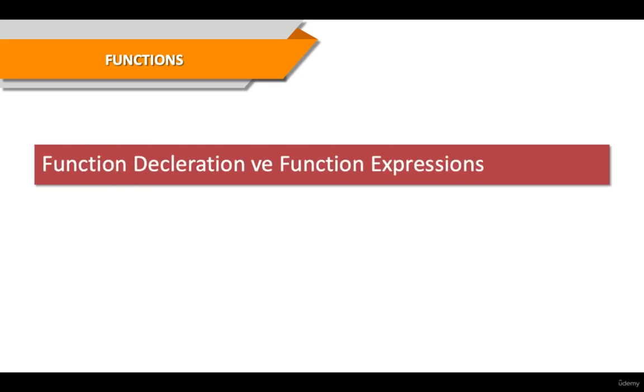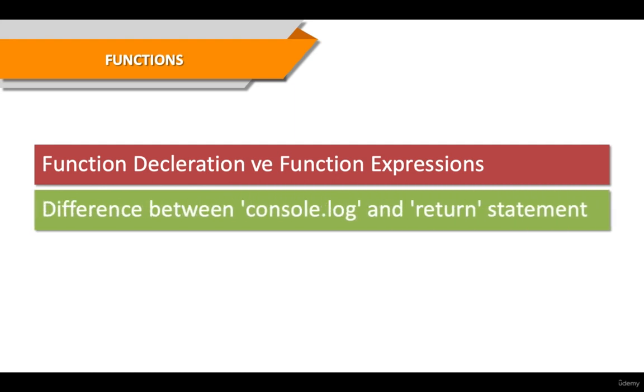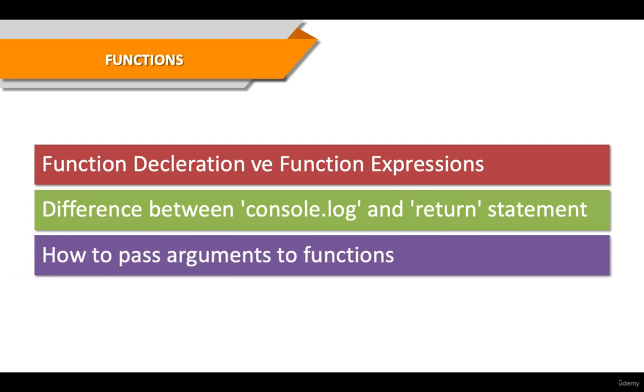We talked about function expressions and function declarations and the differences between them. Then we saw the difference between console.log and the return statement. And then, do you remember how to pass an argument to a function?